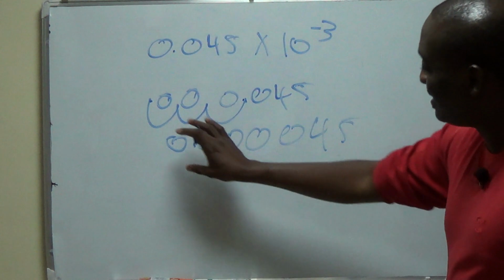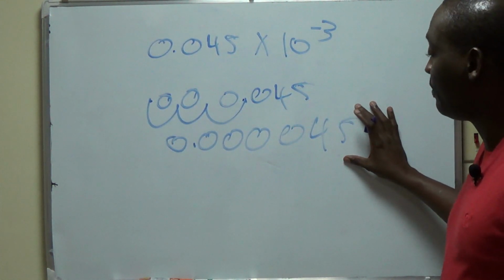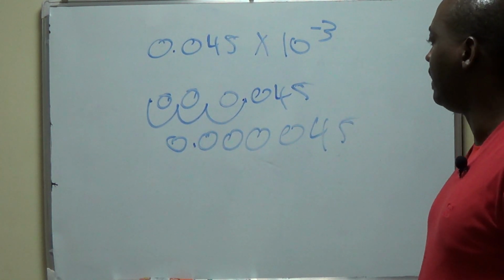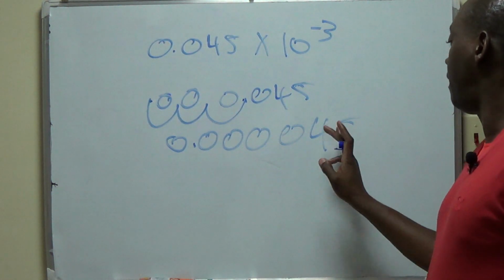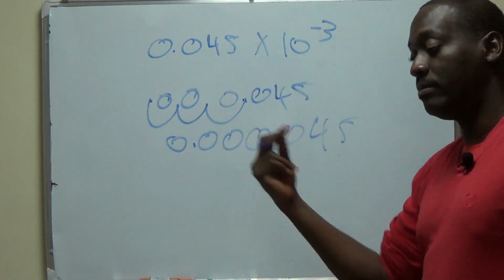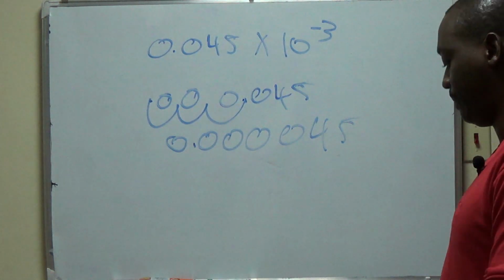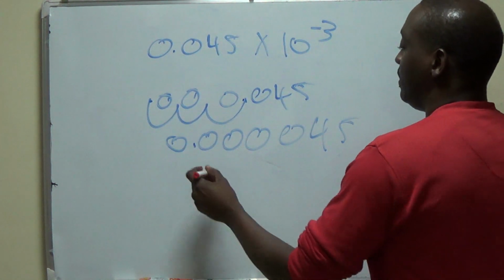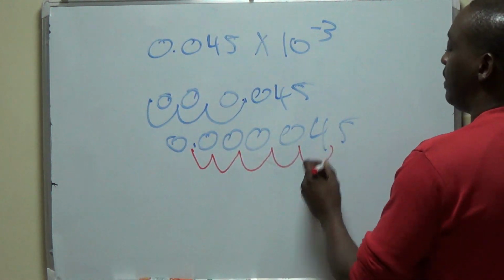Now, this here is a number in decimal form, which we will now express as a number in standard form. To do that, all we need to do is move the point to a place where we have a number between 4 and 5. So if you take this point and move it, you have 1 place, 2 places, 3 places, 4 places, 5 places.